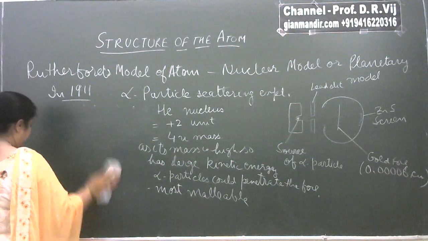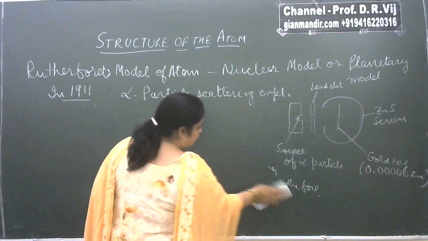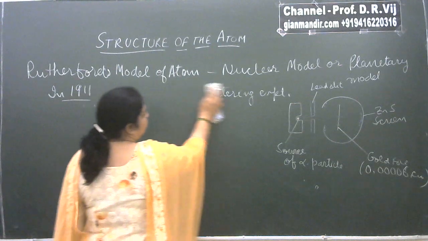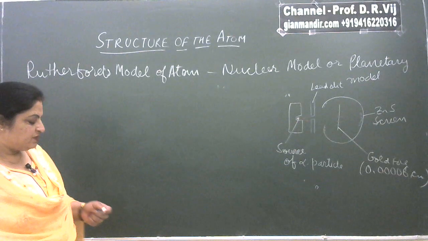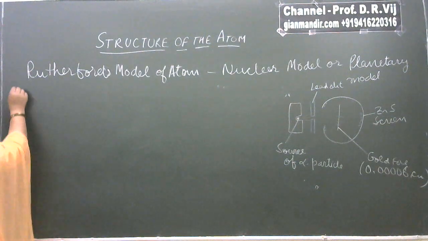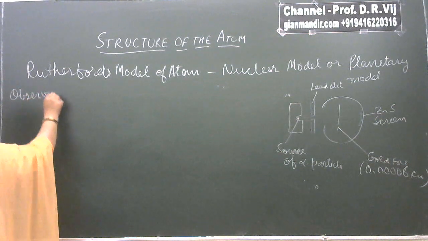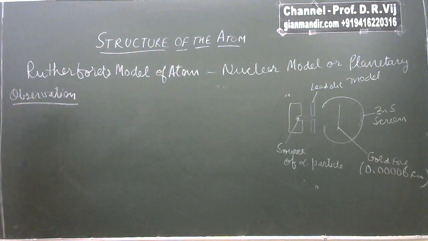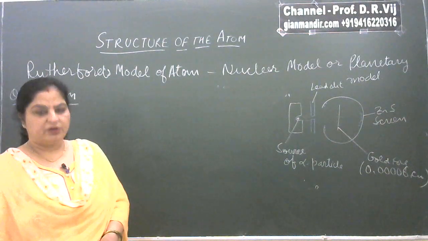Rutherford used alpha particles and bombarded them over a very thin sheet of gold foil. First, let's look at the observations of Rutherford's experiment. The observations were very shocking, very different from what was expected on the basis of Thomson's model.